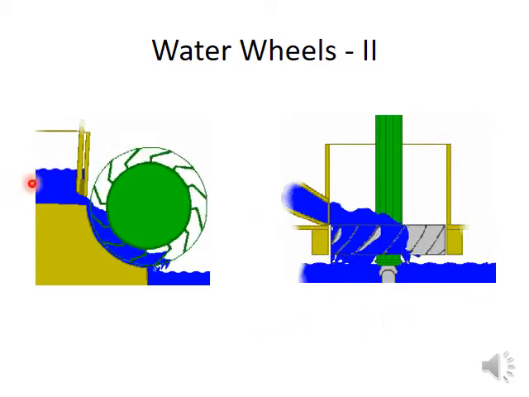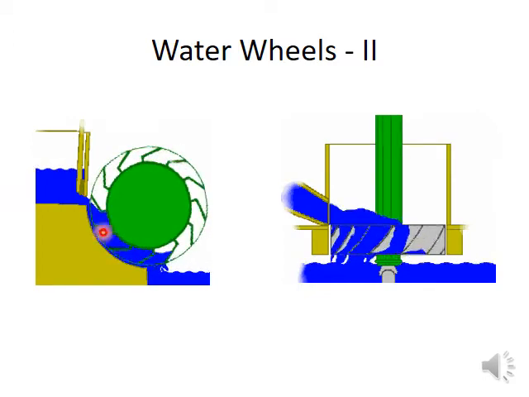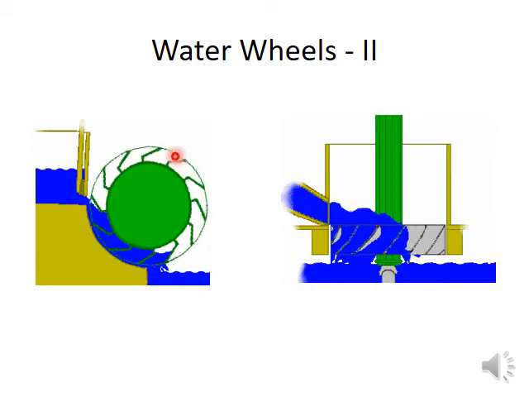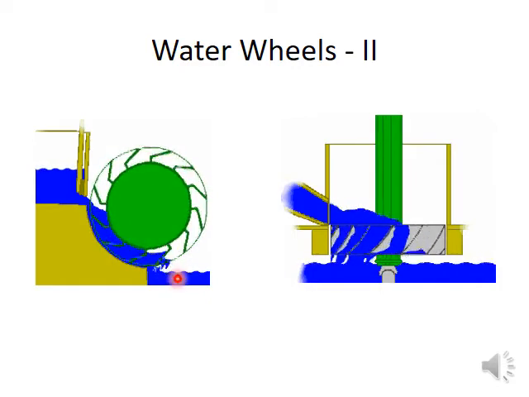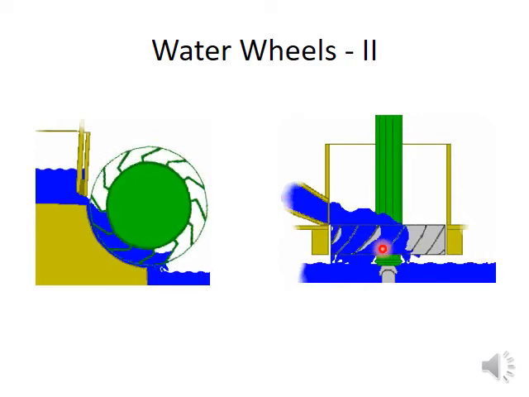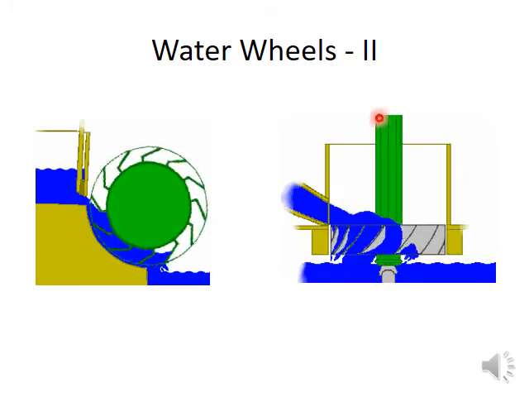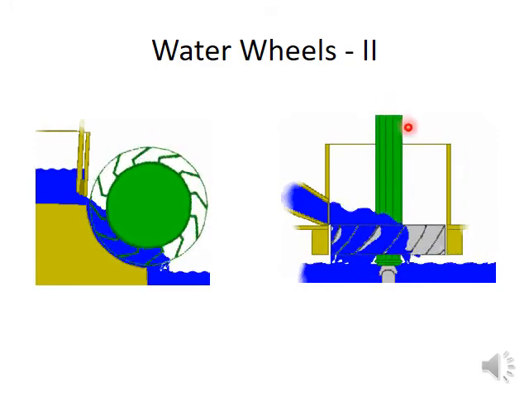So water flows under certain head, so there is some energy here, and that energy is converted to mechanical energy by this arrangement. So these are like turbines. So mechanical energy is harnessed through the shaft.